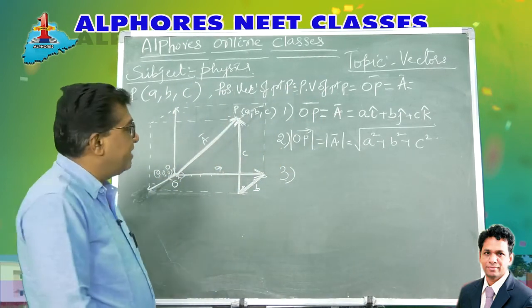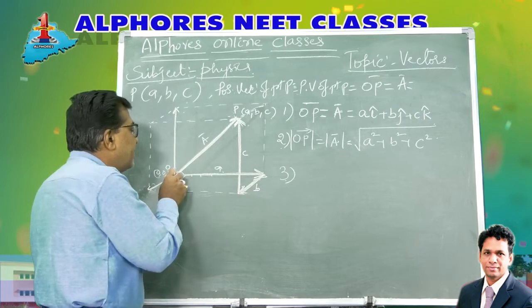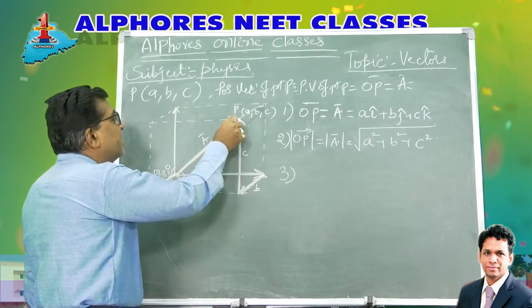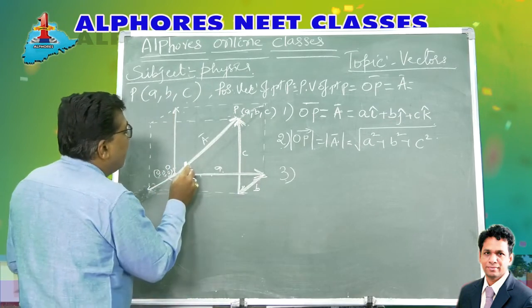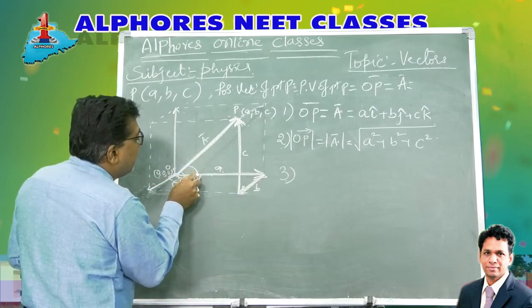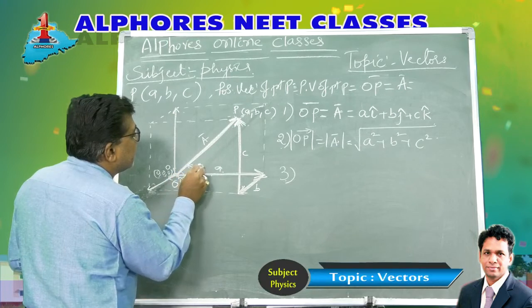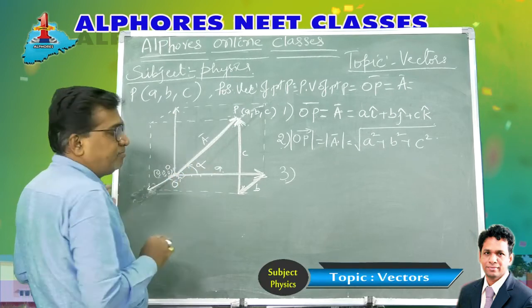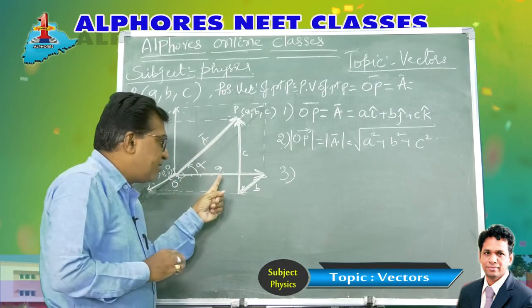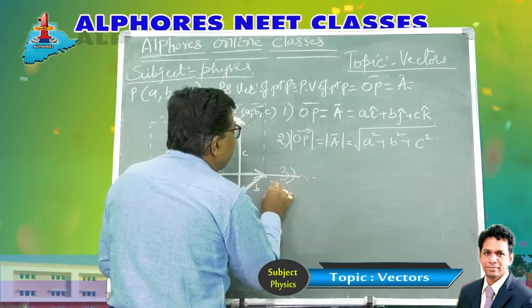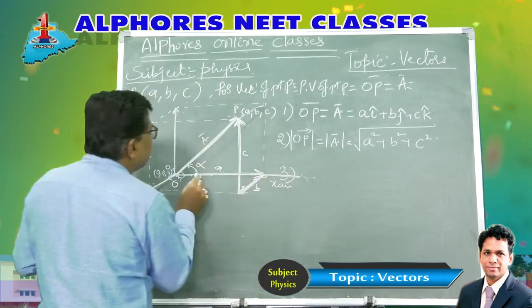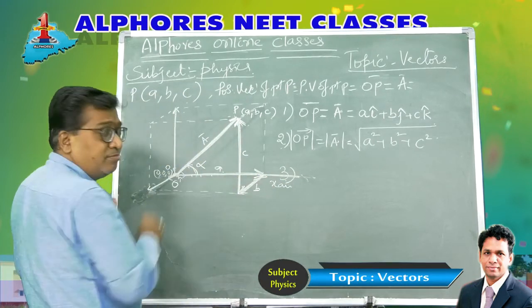But in this case, the vector which we are representing makes different angles with the x, y, z axes. So let us name these angles. The angle made by the vector with the positive x-axis, let me take it as alpha.